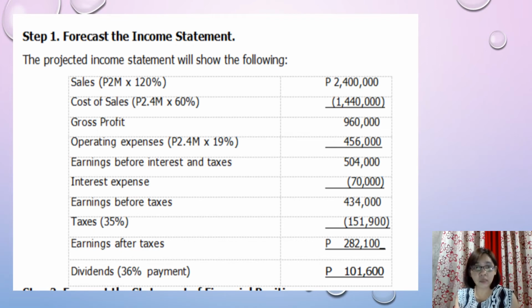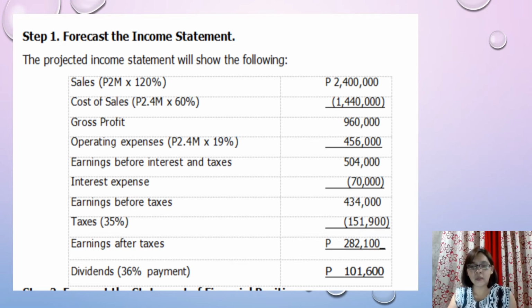So, using the percentage of sales method, determine whether the company has external financing needs or a surplus of funds. So ang gagamitin po dito ay percent of sales method. Titignan kung kailangan ba ng external financing needs or meron pong surplus sa funds.